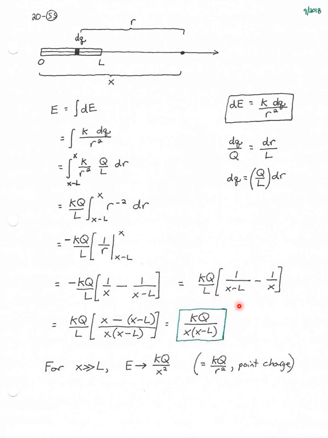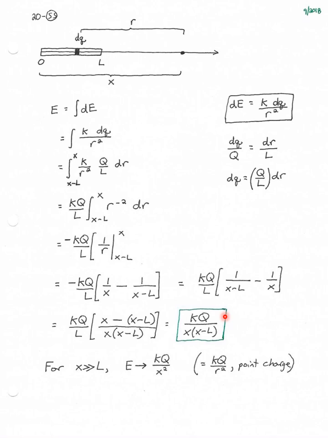Now it's 1 over x minus L minus 1 over x. I've taken it through the algebra, finding a common denominator between those two fractions. And in the end, I've simplified it to be kq over x times (x minus L). And that is what the problem was asking us to show.